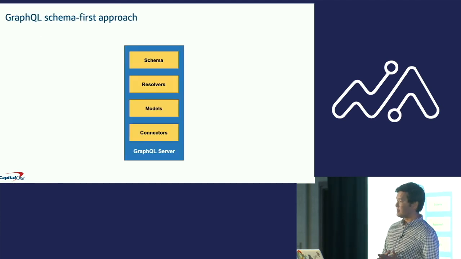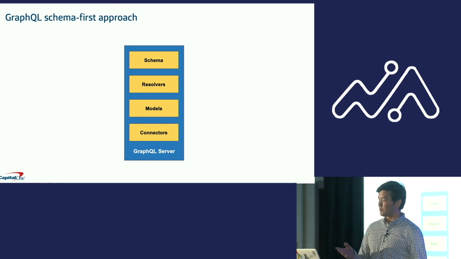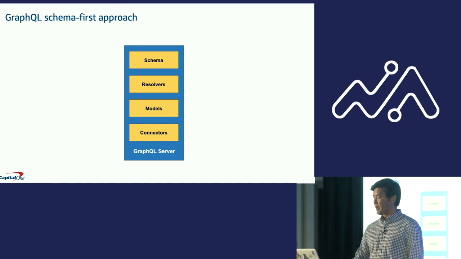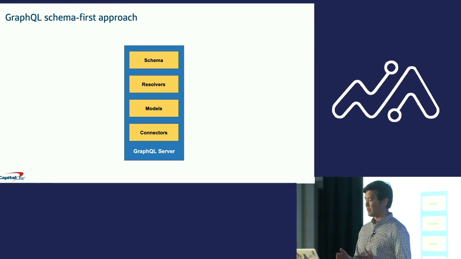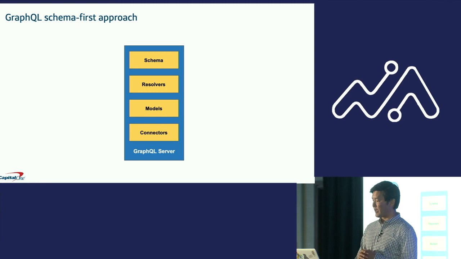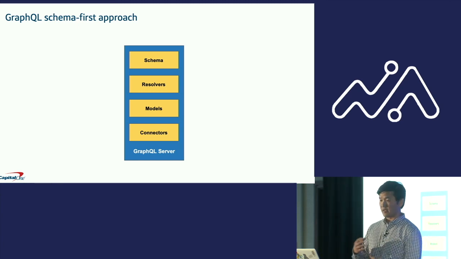The secret sauce is the schema first approach. As you saw in the two frameworks just now, these frameworks guide you to build your schema first, and then the implementation. And what that allows us to do is create this separation of concerns in our components of the implementation into essentially these 4 blocks.